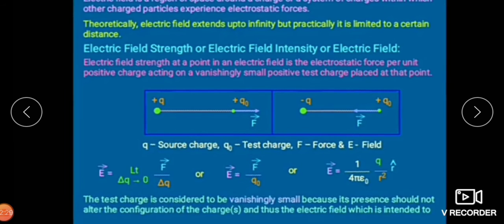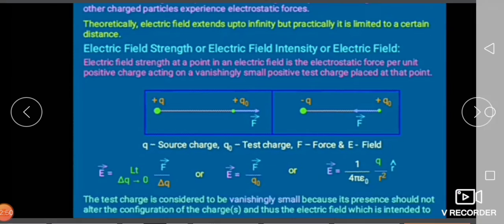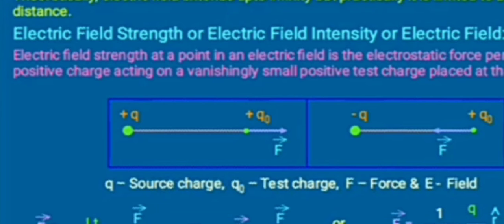If Q is the magnitude of the source charge and Q0 is the test charge, then the force F is given by Coulomb's law as 1/4 pi epsilon 0 Q Q0 upon R square.